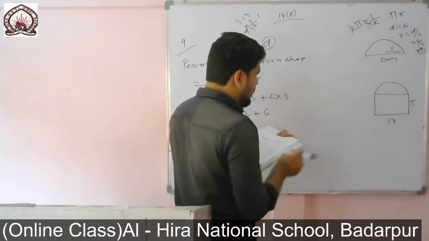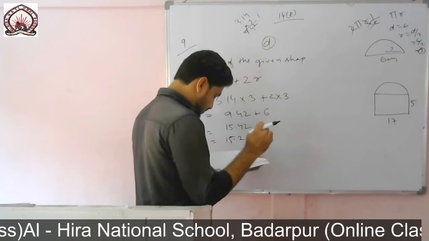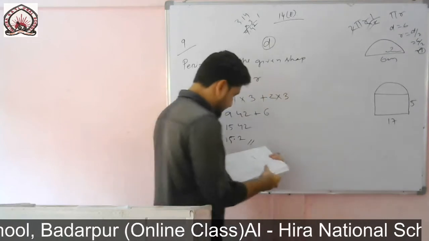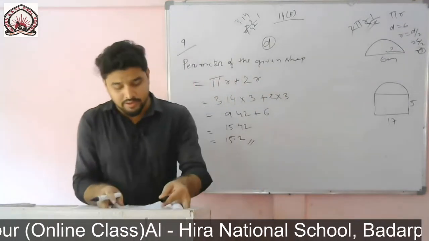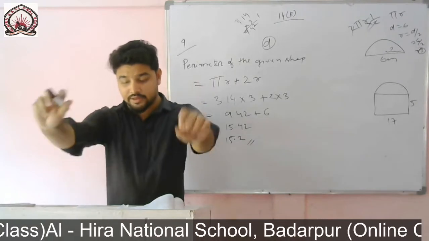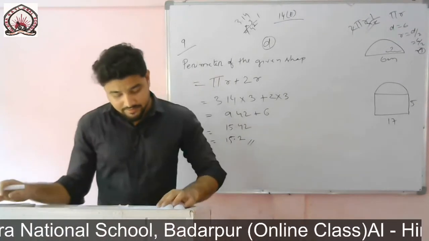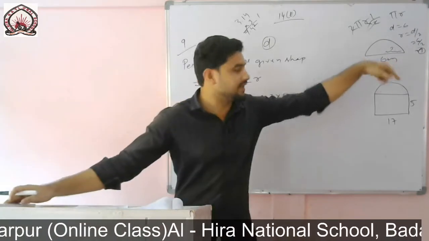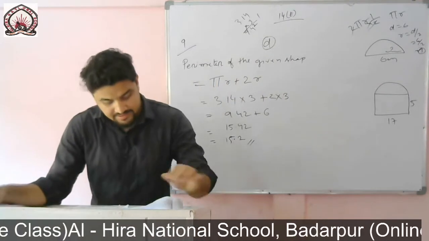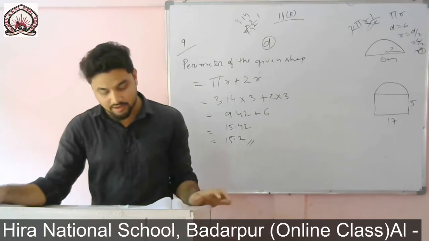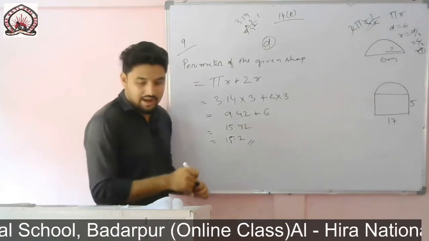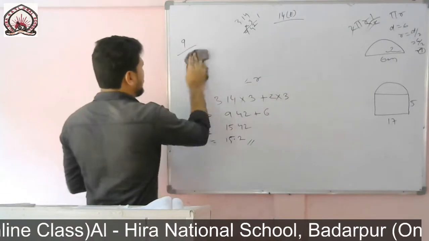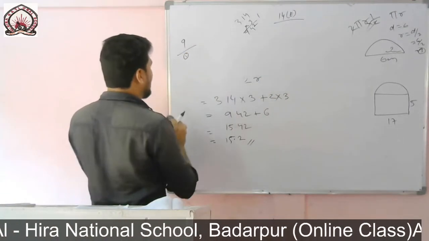What do you have to do in the second case? First one you can write as pi r, as earlier, and second we can say the area of the rectangle. So this is question number 9.1, already you have done. Now we will do question number 2.